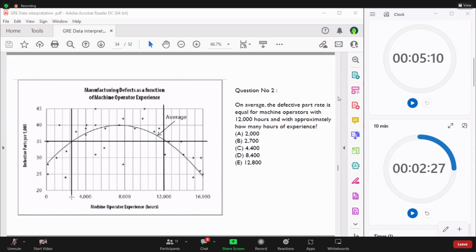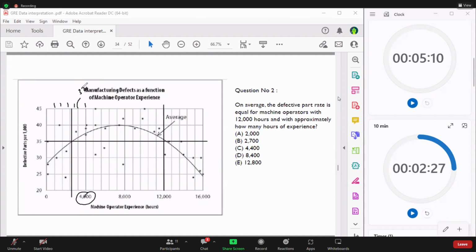Now the thing is, how do we know what the answer would be, whether it will be 2,000 or 2,700? How will you determine that? If you see here, the range between these 2 points is 4,000. So 1, 2, 3, 4, 5. You can divide this into 5 equal parts.